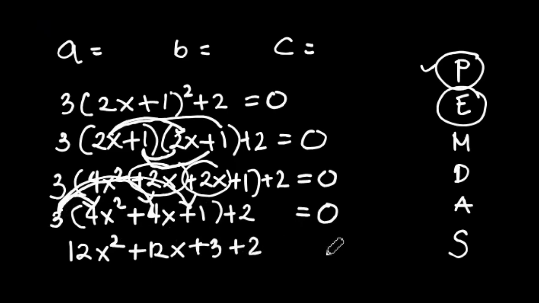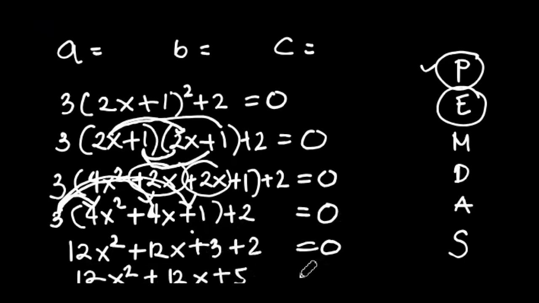Plus 2 equals 0. And finally, ang pwede na lang natin i-simplify dyan is yung dalawang constant dito. Okay? So, 12x squared plus 12x, 3 plus 2, that is 5, equals 0. Then, we already have a standard form of our quadratic equation.